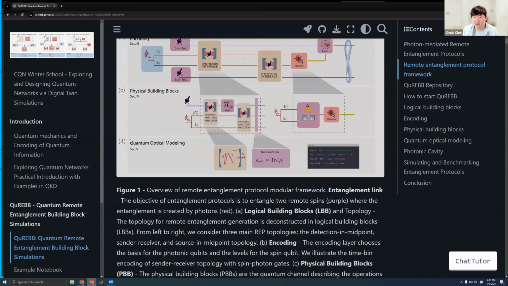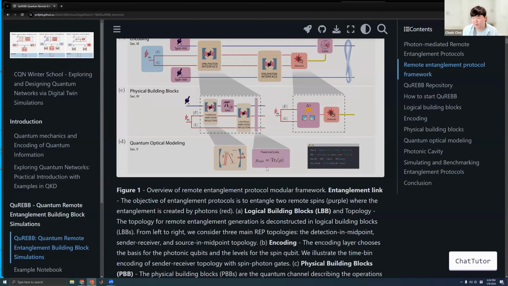And lastly, if, for example, you are a quantum optics theorist, you probably want to know more than the idealized quantum operations. For example, based on your physical parameters, say, what is the cavity atom coupling rate, as Dirk derived in his lecture note, what is the spontaneous emission rate, what is the Purcell factor of the cavity, then you can calculate everything numerically exactly with this level of understanding.